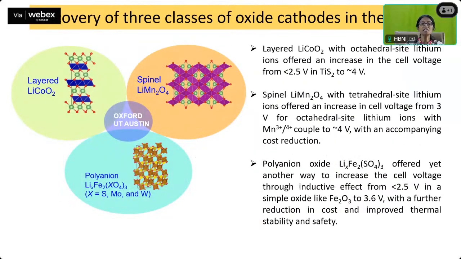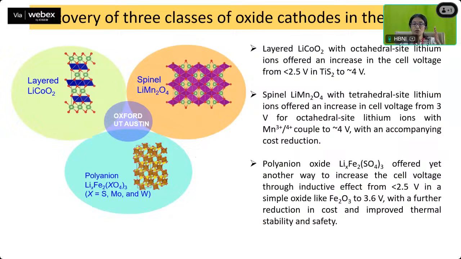Okay. So with this, it gave rise to the discovery of 3 different classes of oxide cathodes in the 1980s. One, whatever you see here, is the layered lithium cobalt oxide. This has an octahedral site lithium ion, which offered an increase in the cell voltage from less than 2.5 volts in TiS2 to around 4 volts.